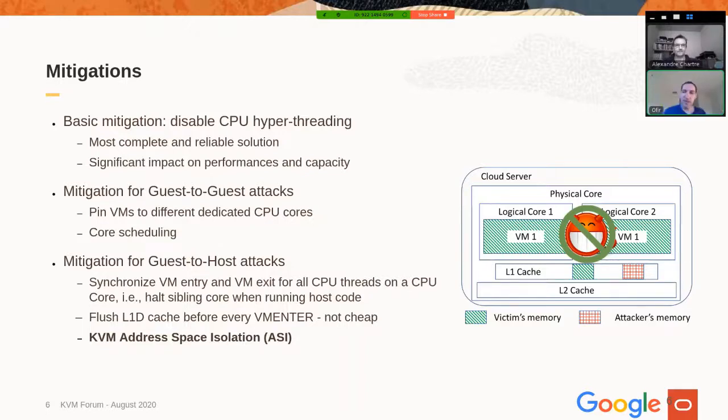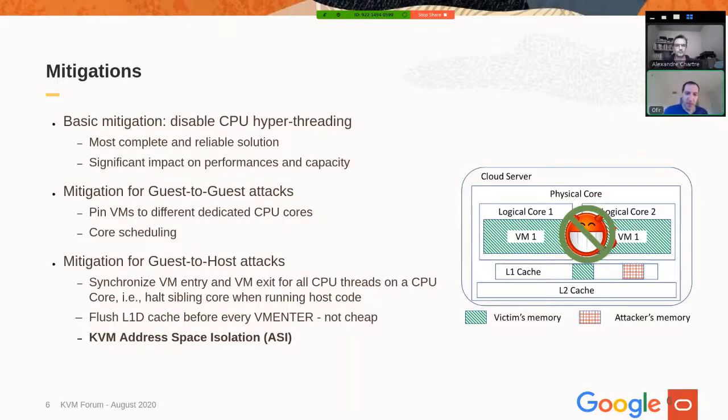Basically, what you need to do then is find a way to stop the other thread. Let's say you have one sibling logical core serving a VM exit. Then before you serve the VM exit, you want to somehow pause the other sibling thread. That's also quite expensive, obviously, and it's a quite complicated mechanism.